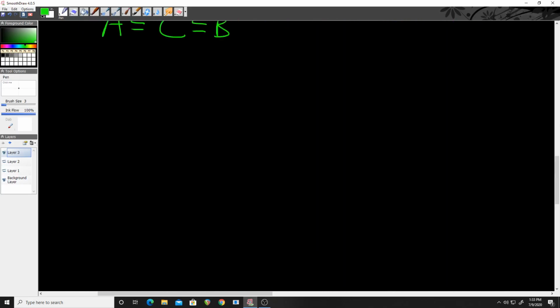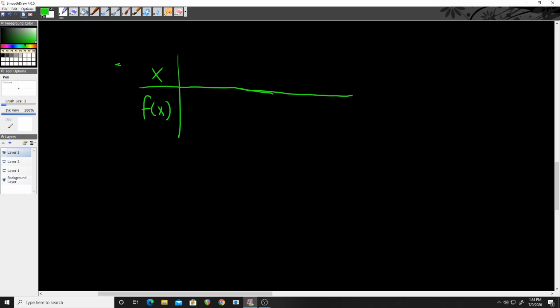Okay? Let's do a quick example. They like to make these table problems, you know? So let's say we have x and we have f of x. AP loves these table problems. And let's assume f is continuous.